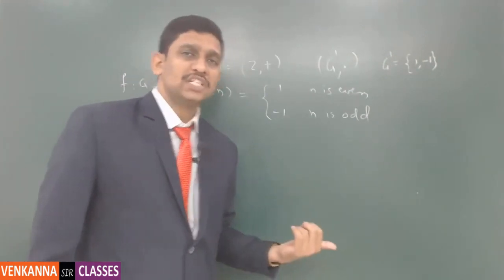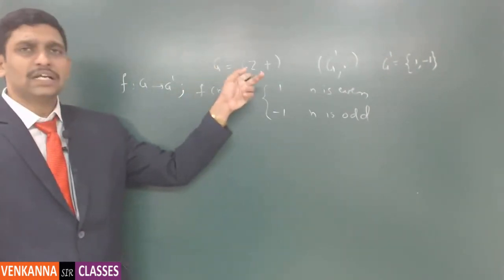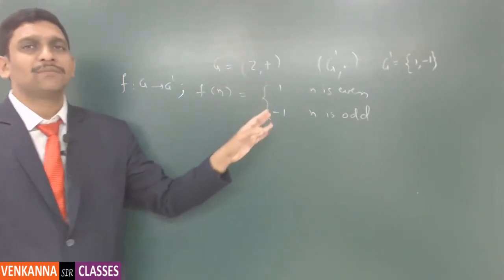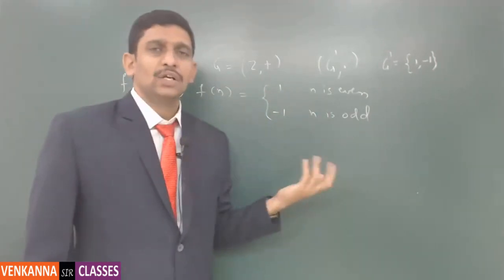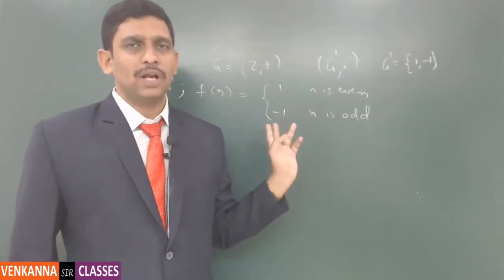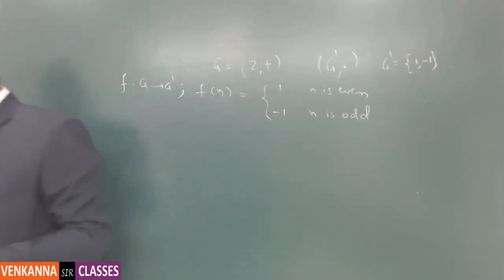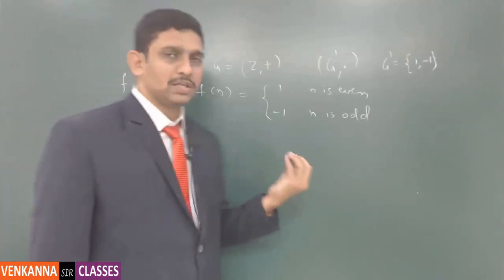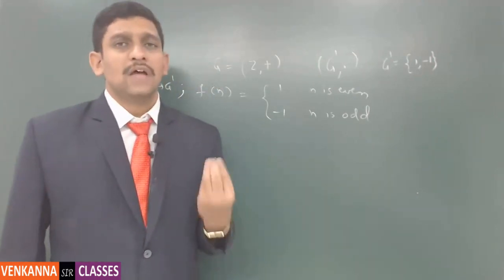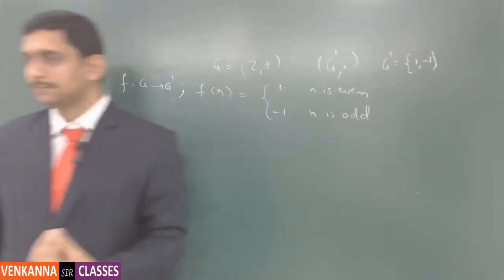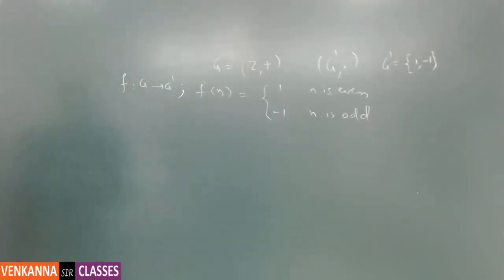And how the function is defined: whatever integer you consider in the domain, its image will be either 1 or minus 1. So how is the image defined? If you take an even number, it is 1. If you take an odd number, it is minus 1. In this way it is defined. So you have to show whether the function is a homomorphism or not. So we have to verify that, whether it is a homomorphism or not. Is the question part clear for everyone?